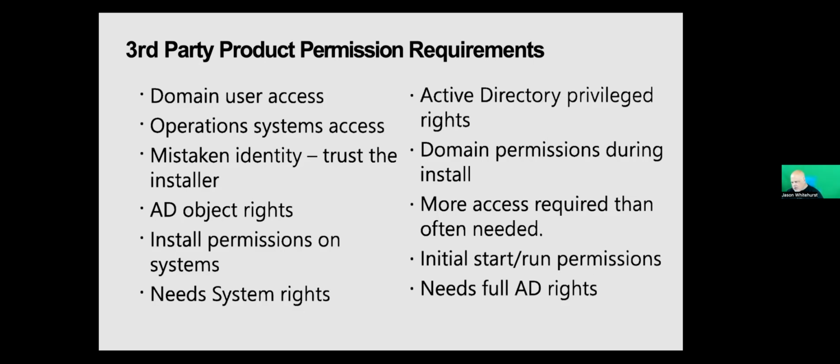Mimikatz will pull clear text passwords in memory. If a password is used and it's not encrypted in transit, it's clear text in memory. We can use Mimikatz to pull that data out of memory and then use those credentials. InPacket is another one that you can code to look for.